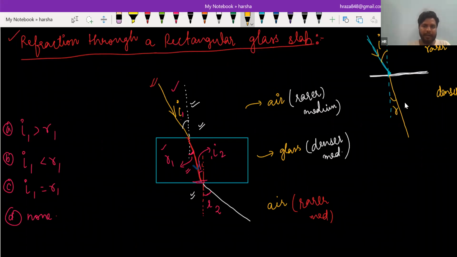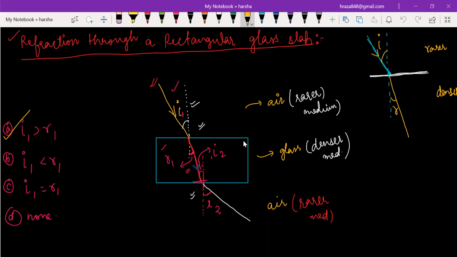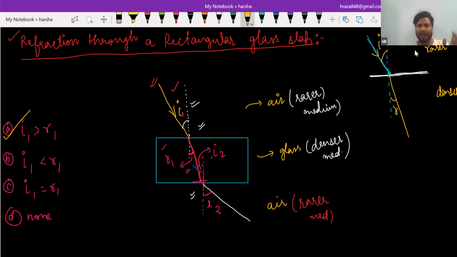Can you see that angle I is greater than angle R? Since it is moving towards the normal, I1 is greater than R1. We are measuring the angle with reference to the normal, and since light is traveling from rarer to denser medium, R is smaller than I.